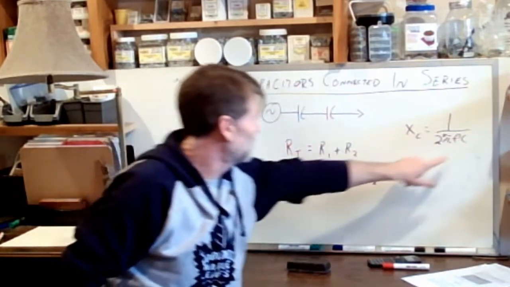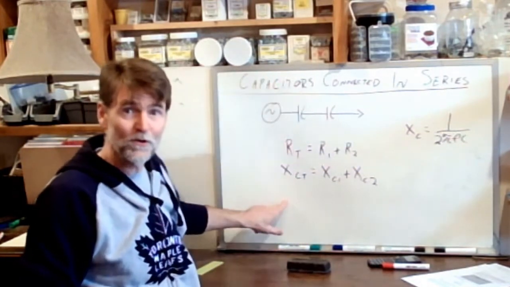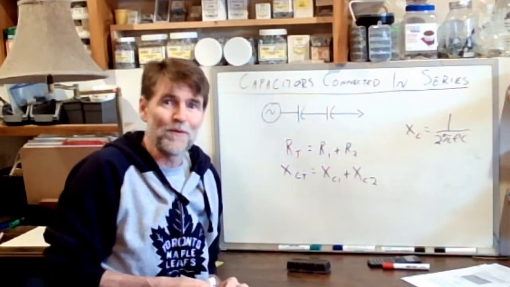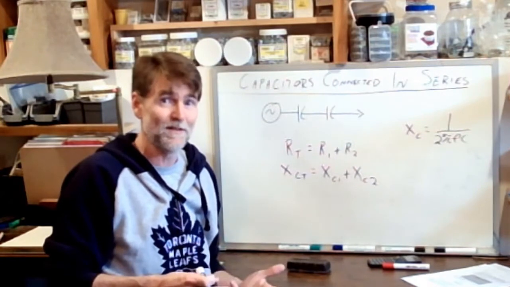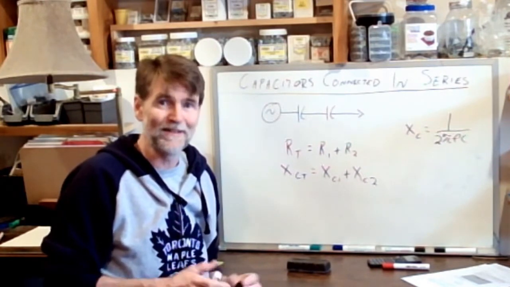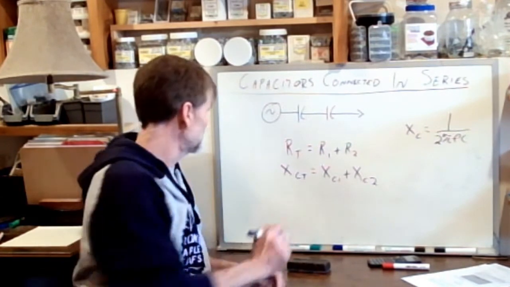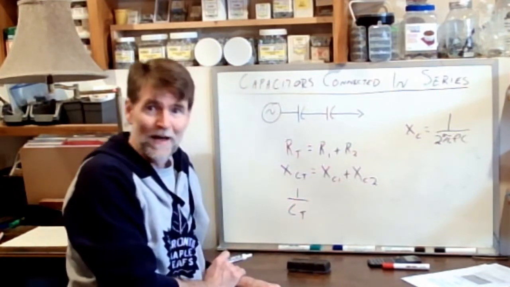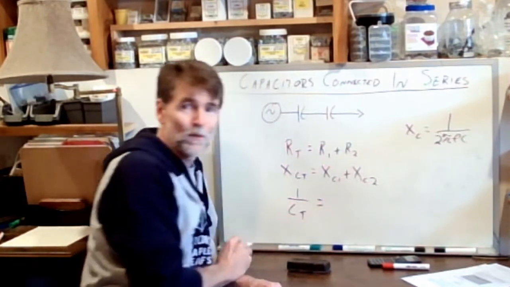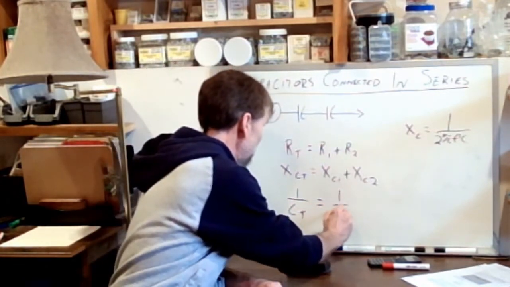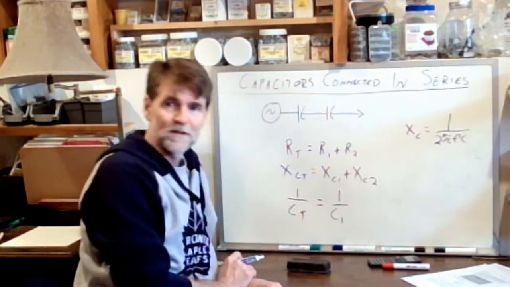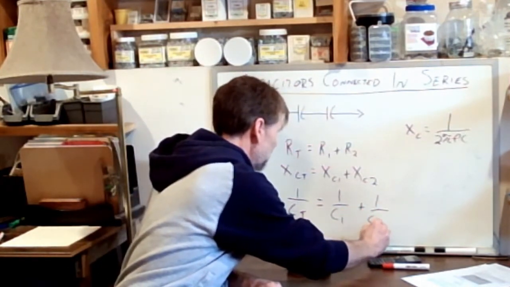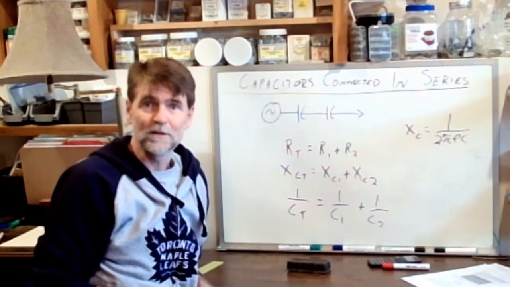Okay, so this equation is also a familiar one. It's exactly the same equation that we use to calculate total resistance when the resistors are connected in parallel. So the inverse of the total capacitance will be equal to the inverse of the size of the first capacitor plus the inverse of the size of the second capacitor.